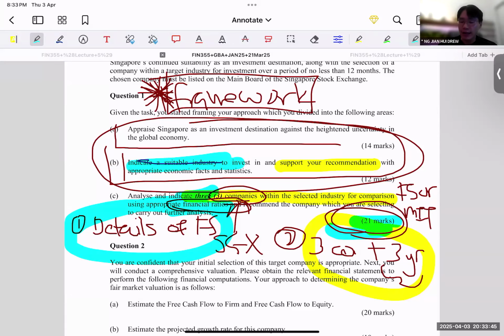Okay, so I see a question. What do you mean I choose the wrong company? Let's say I talk about fast consumer goods companies like Sheng Siong and Fair Price. So let's say I choose Sheng Siong, Fair Price, and Wilmar. Those of you who know Wilmar, Wilmar is one of the largest traders of grains and agriculture products.